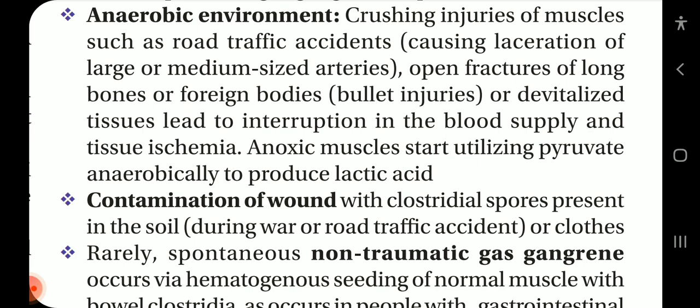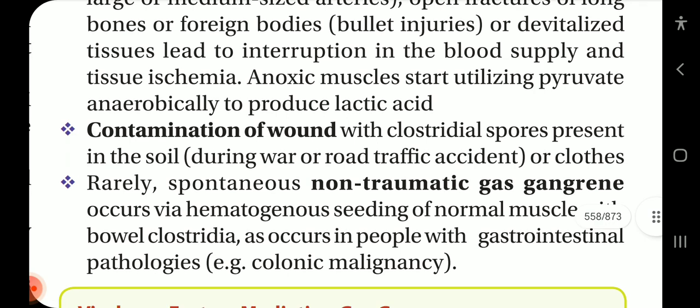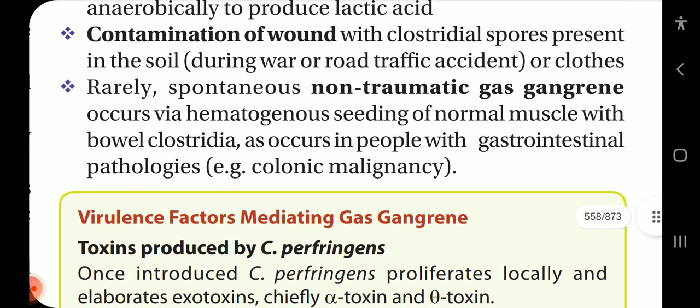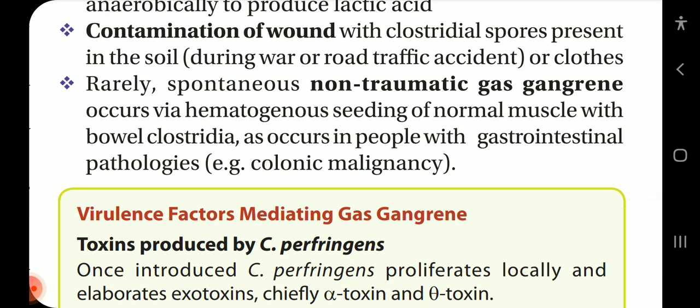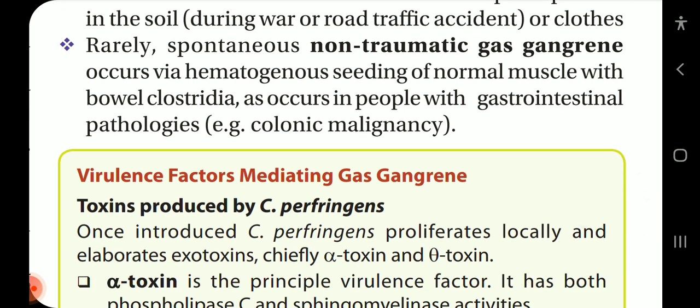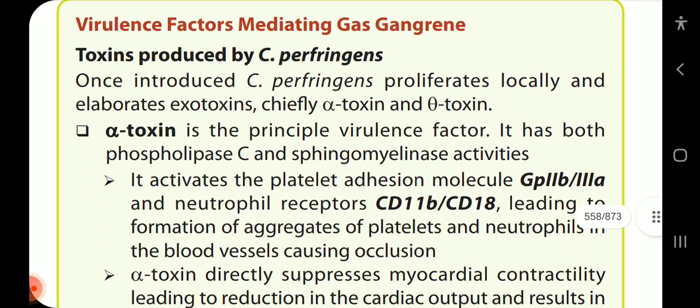Anoxic muscles start utilizing pyruvate anaerobically to produce lactic acid. Contamination of the wound occurs with Clostridial spores present in the soil during war or road traffic accident, or on clothes. Rarely, spontaneous non-traumatic gas gangrene occurs via hematogenous seeding of normal muscle with bowel clostridia, as occurs in people with gastrointestinal pathologies, for example colonic malignancy.